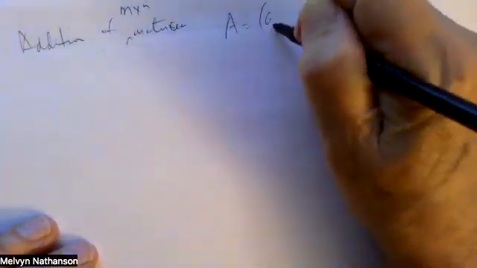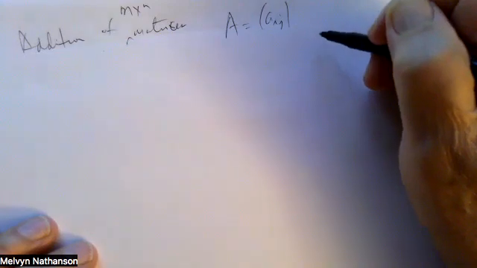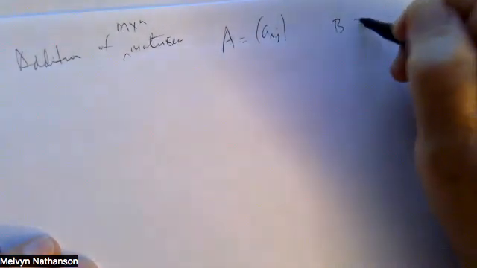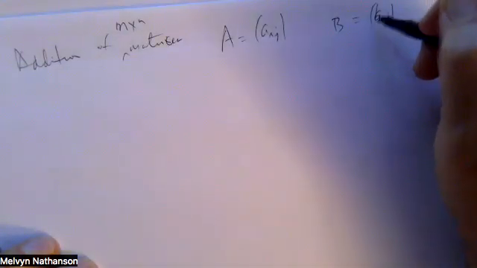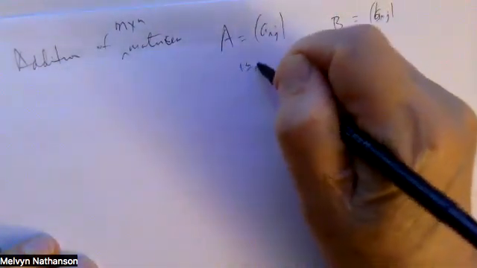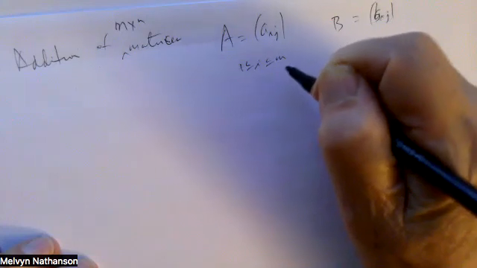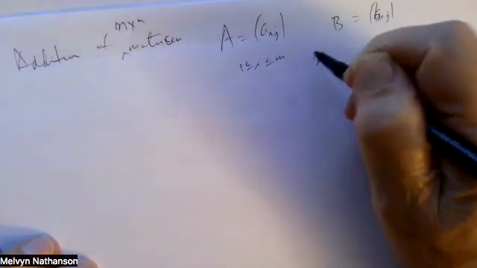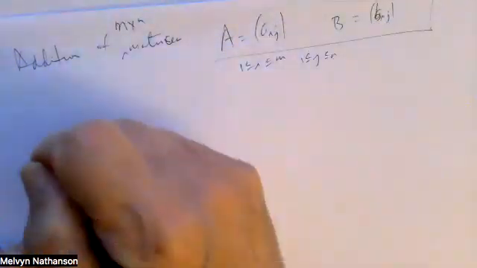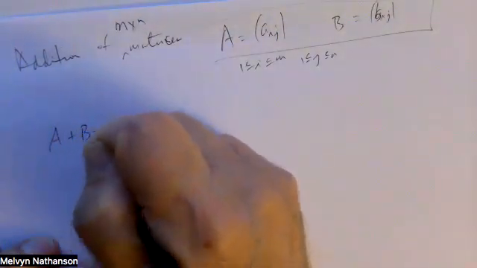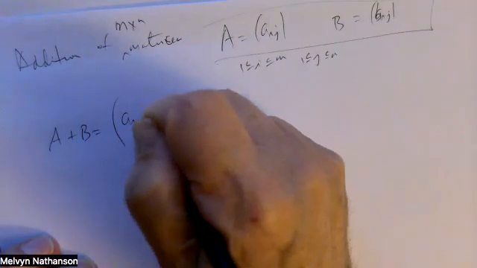Suppose A is the matrix with coordinates aij, and B is the matrix with coordinates bij. So the number of rows in both cases is m, and the number of columns in both cases is n. You take the sum just by adding the coordinates.